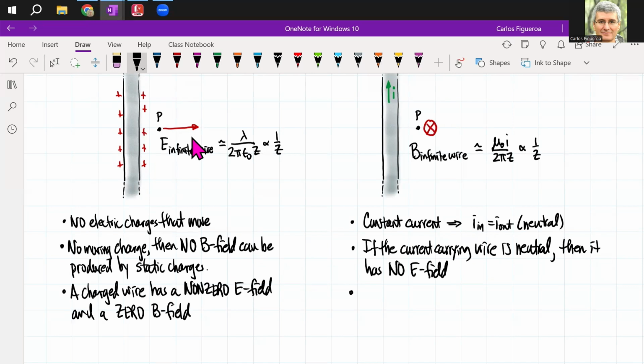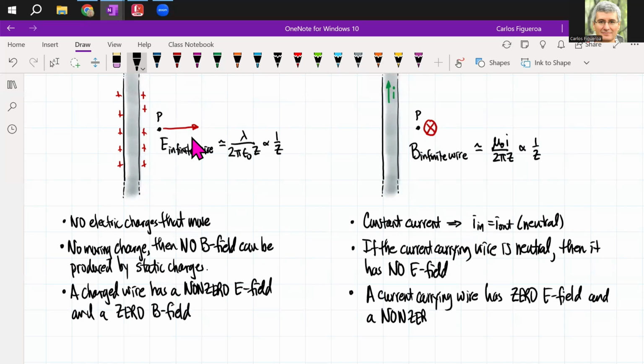On the other hand, a current carrying wire has zero electric field and a non-zero magnetic field. So as soon as you write down the functional form, everything changes about this thing.